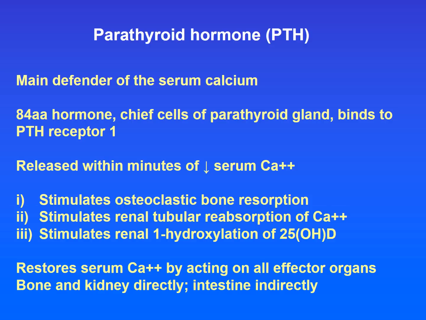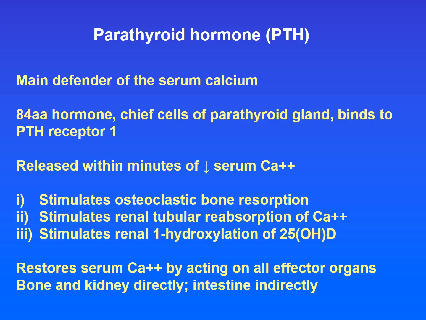And then there's the third so-called long loop effect of parathyroid hormone, which is to stimulate the generation of the bioactive form of vitamin D by stimulating the activity of the renal 1-hydroxylase enzyme that converts 25-hydroxyvitamin D to 1,25-dihydroxyvitamin D. And the 1,25-dihydroxyvitamin D stimulates intestinal calcium and phosphate absorption, and so acts further to restore the serum calcium.